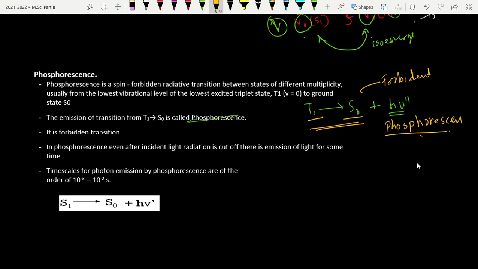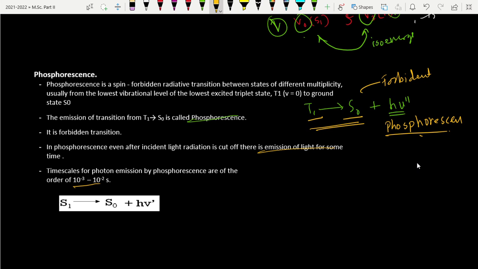In phosphorescence, even after the incident light radiation is cut off, there is emission of light for some time. The time scale for photon emission by phosphorescence is 10⁻³ to 10⁻² seconds.